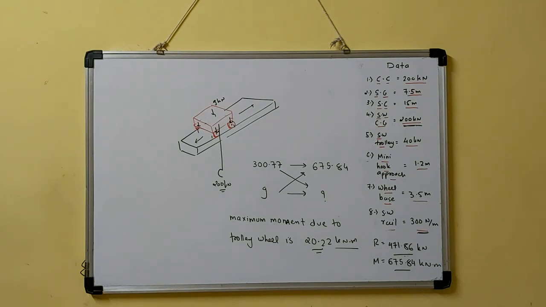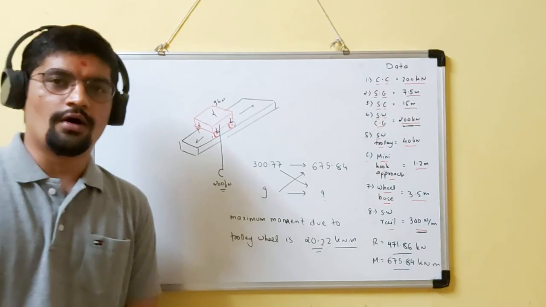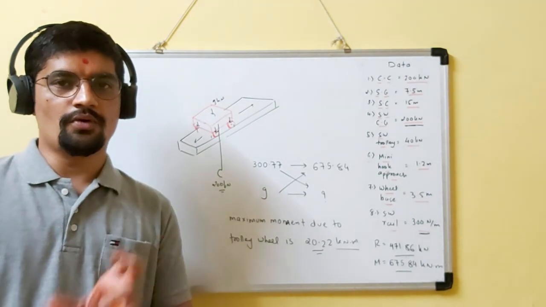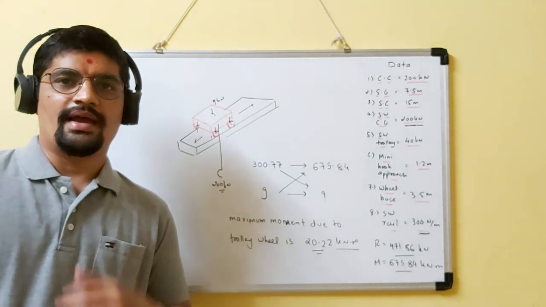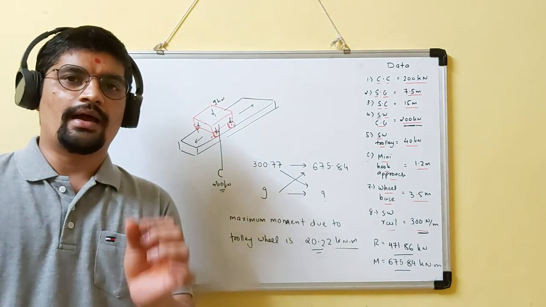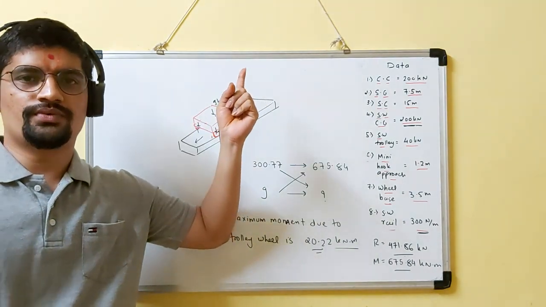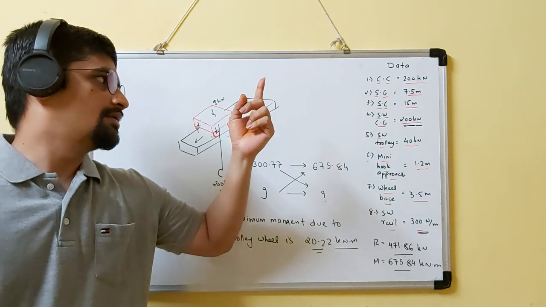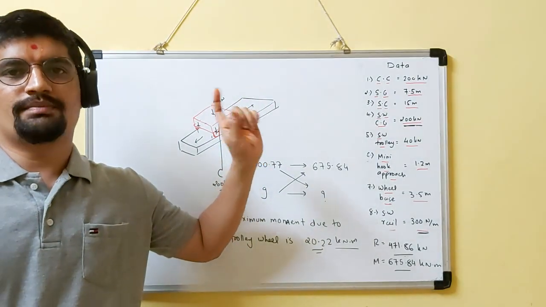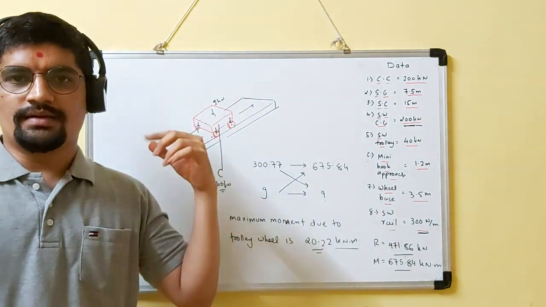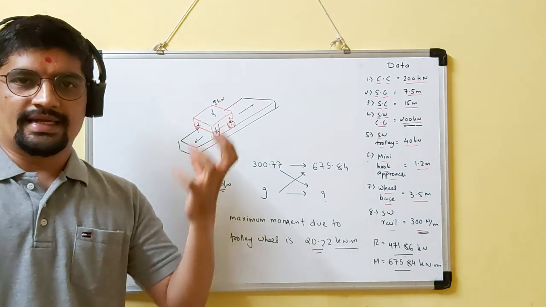So it will be 5% of the static wheel load for both electrically operated crane and hand operated crane, which I have explained in lecture 1, at this link. If you haven't understood, please go through this link and first study the design steps.